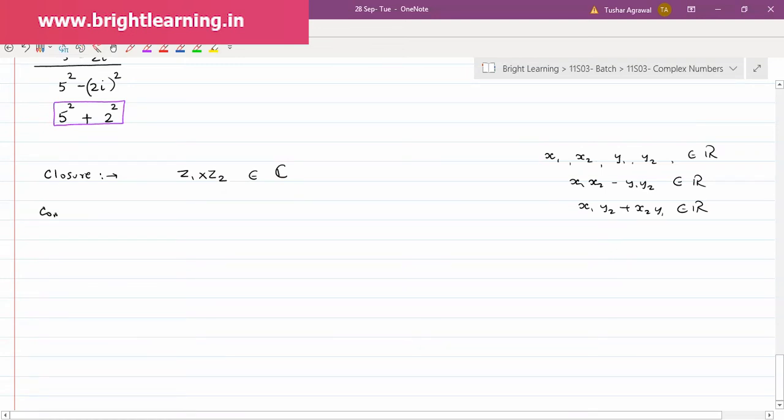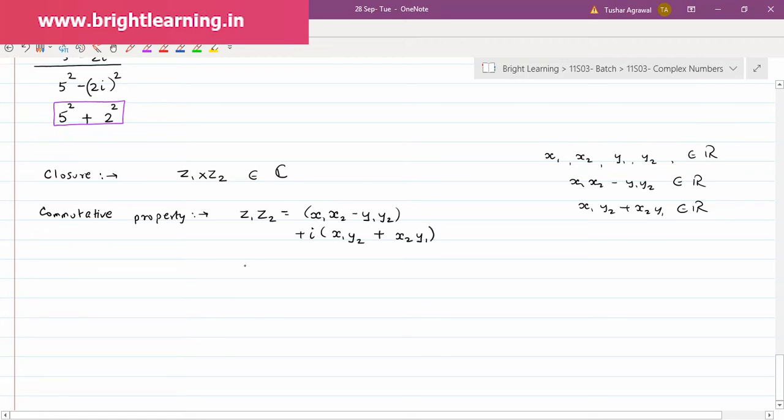Second, commutative property. So what is z1 multiplied by z2? z1 multiplied by z2 is x1 x2 minus y1 y2 plus i times x1 y2 plus x2 y1.